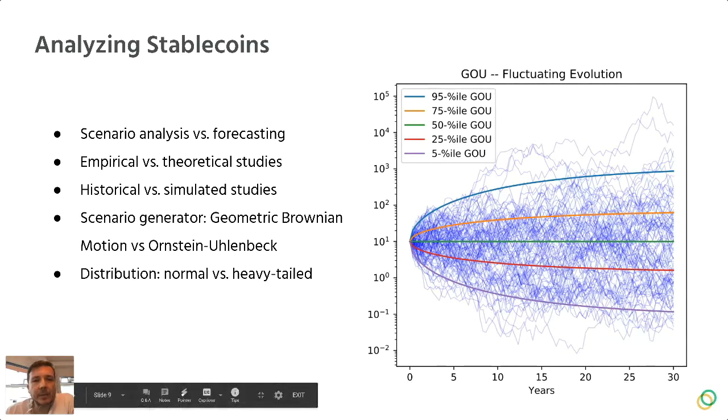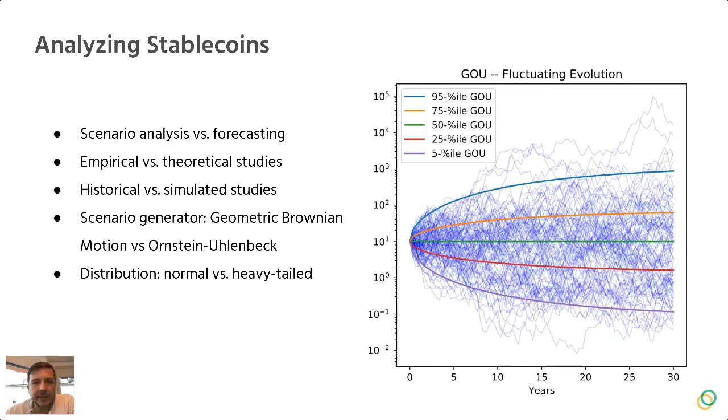What type of process could you use, and how could you do that? What you could do is a Monte Carlo simulation. A Monte Carlo simulation generates values for the key factors that affect stability of the stablecoin you want to look at.